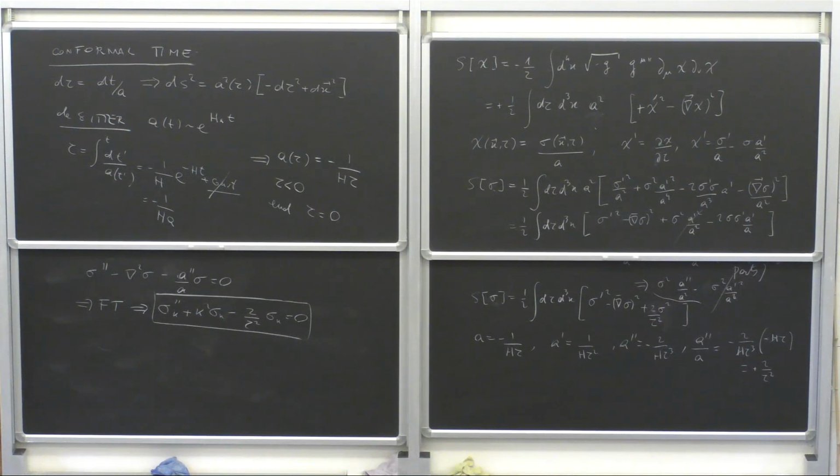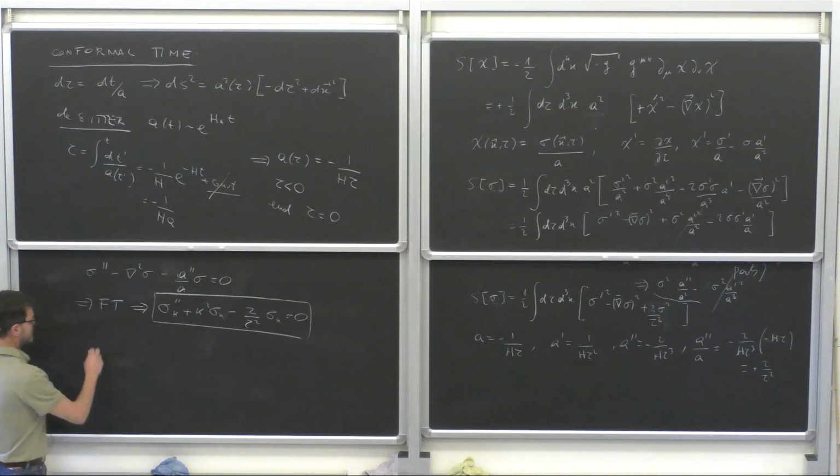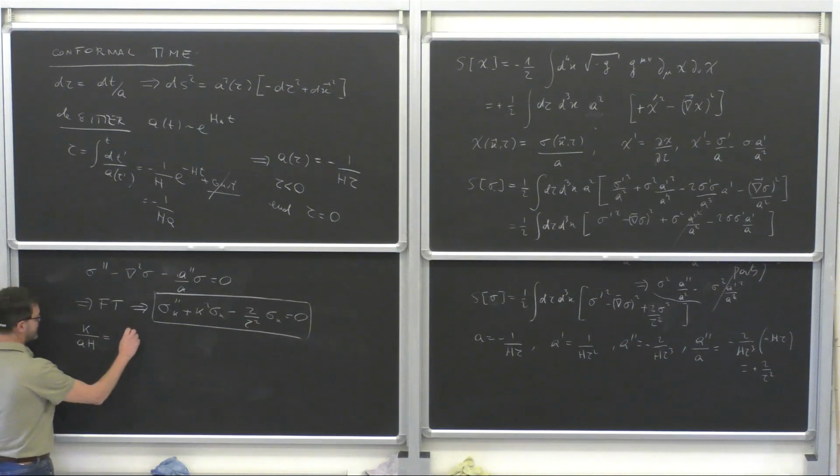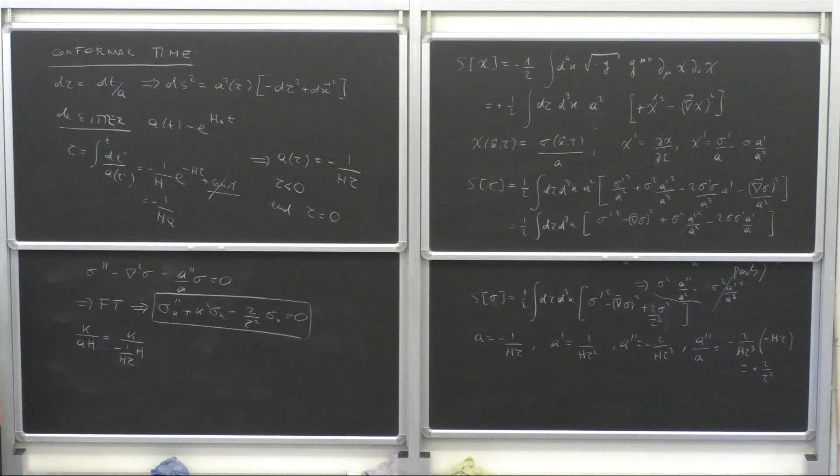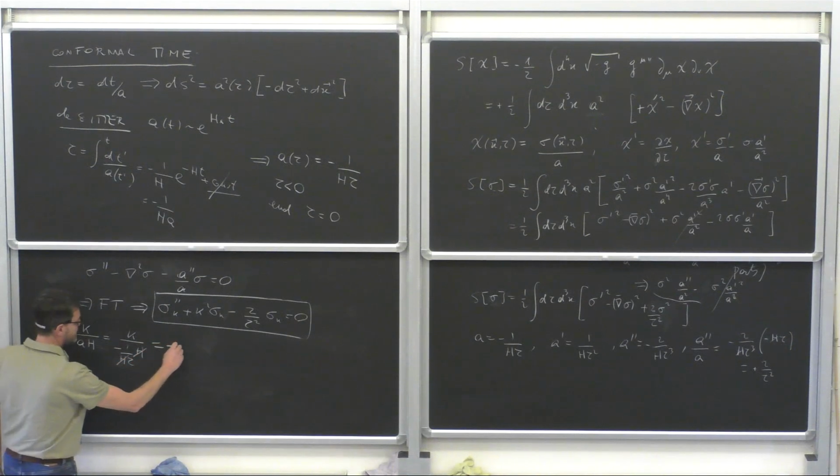And now you see the advantage of doing all these transformations, because suppose now that I compute k over aH. During de Sitter, I have k divided by minus 1 over H tau times H. You see? So the H goes away, and I have minus k tau.